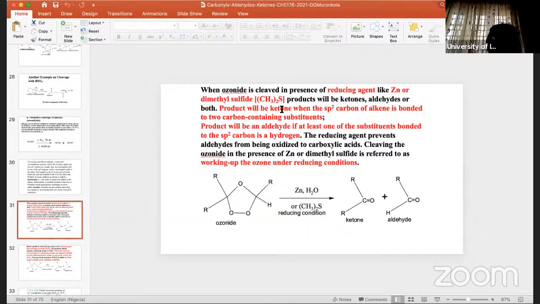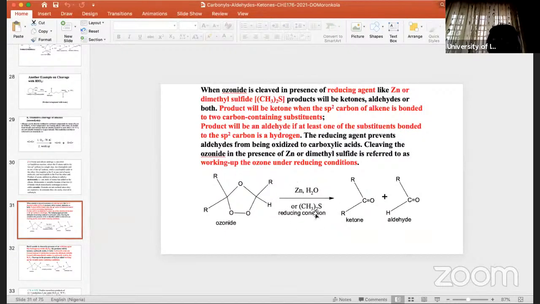The product will be a ketone when the sp2 carbon of the alkene is bonded to two carbon-containing substituents. The product will be an aldehyde if at least one of the substituents bonded to the sp2 carbon is a hydrogen. I've explained that earlier. So these reducing agents prevent our aldehyde from further oxidizing to carboxylic acid.